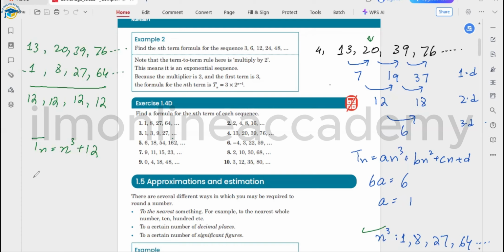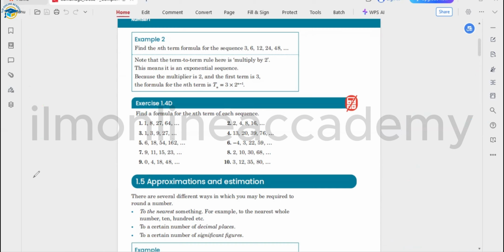Next, for the fifth one, let's see how we can go with this. We have the numbers as 6, 18, 54, 162, and so on. Here, what I'm thinking is that the numbers they gave are basically multiples of 2, like 2 times 3.